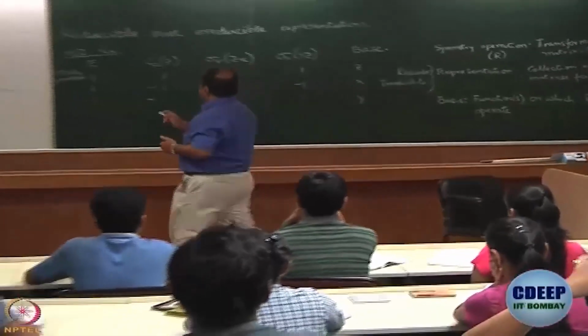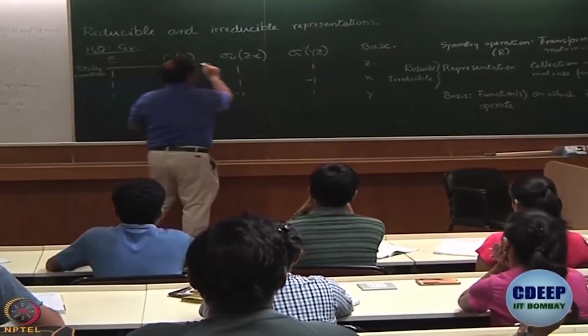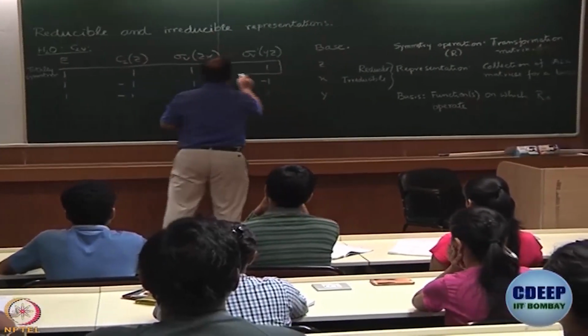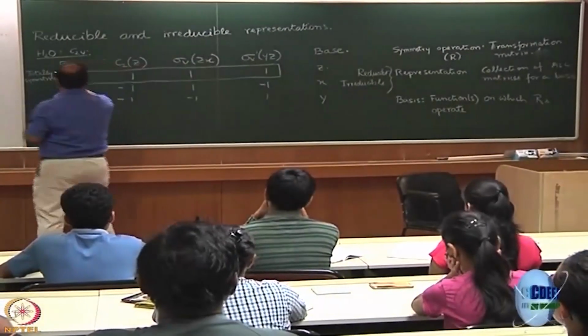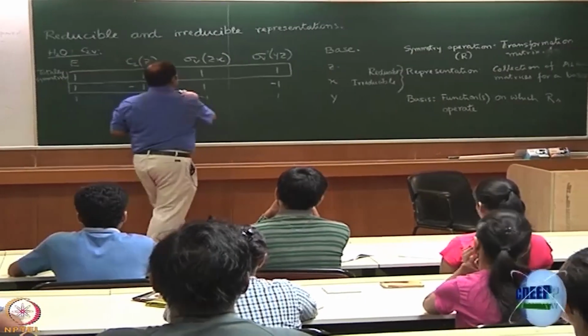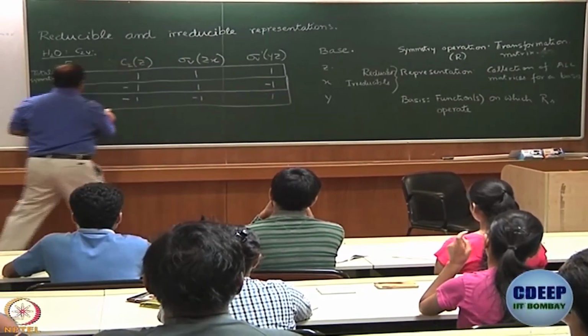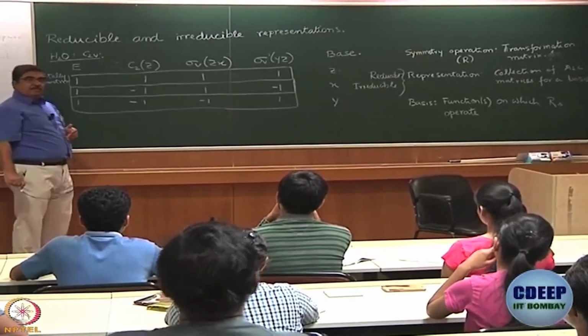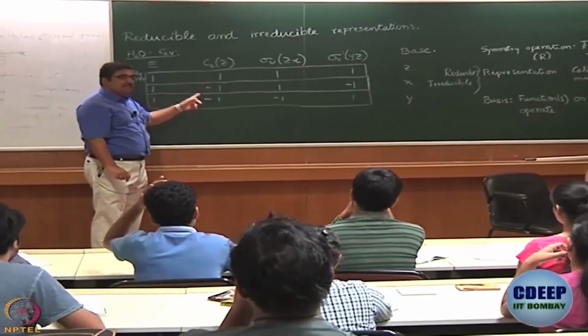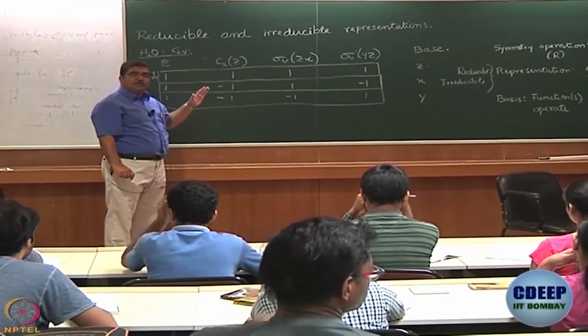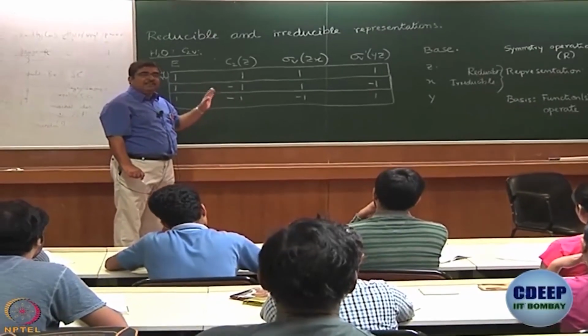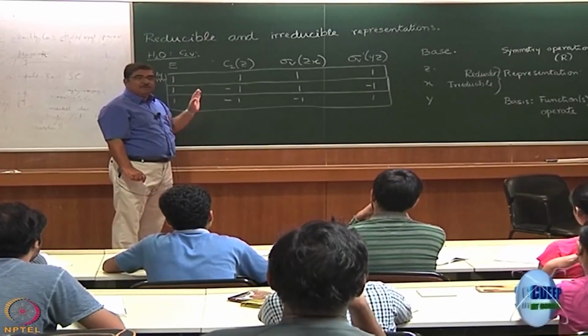Now, what I am saying is this is a representation, and this, and this. Take any of these representations. Is it possible to decrease the dimensionality of these representations any more?